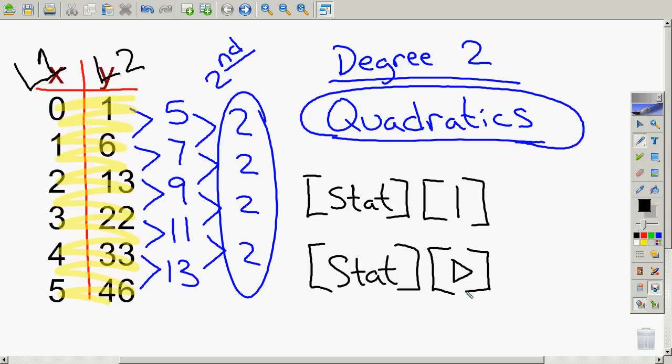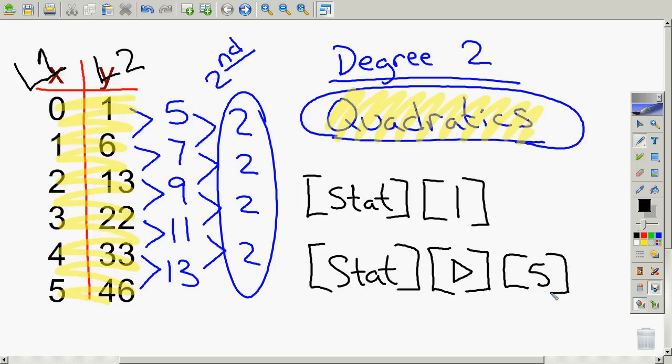And then you'll see a bunch of stuff that says number 1, number 2, number 3, number 4, number 5. Number 5 is quadratic regression. Number 6 is cubic regression. Number 7 is quartic regression. We said that this was a quadratic because it was a degree 2. So because it was a quadratic, we are going to choose quadratic regression, which is number 5 in our case.